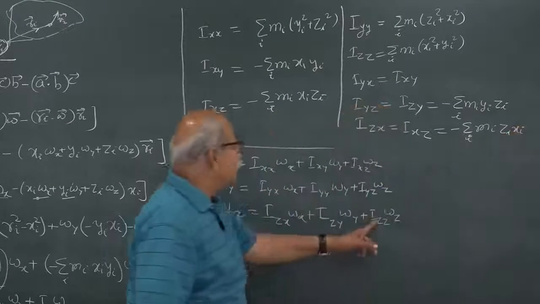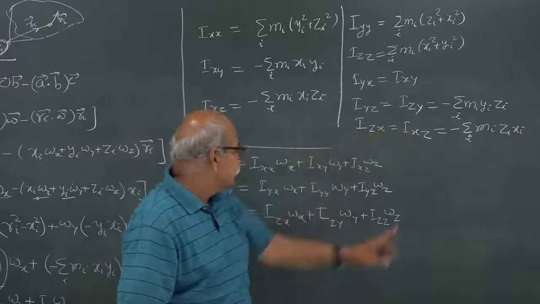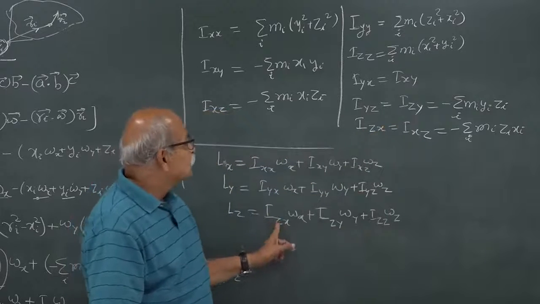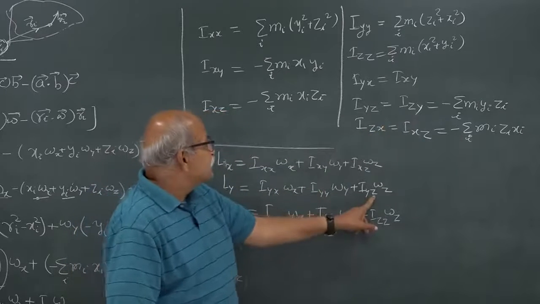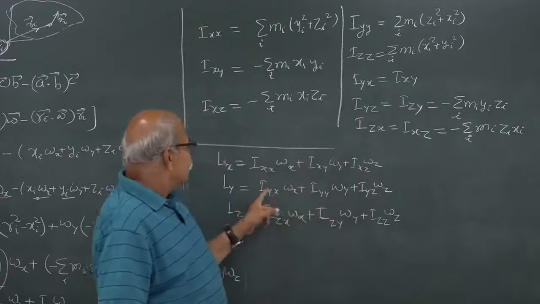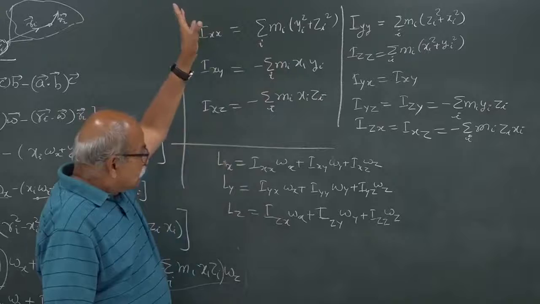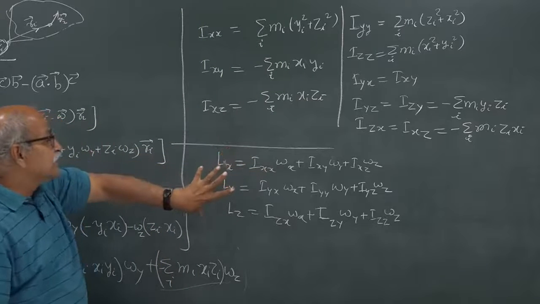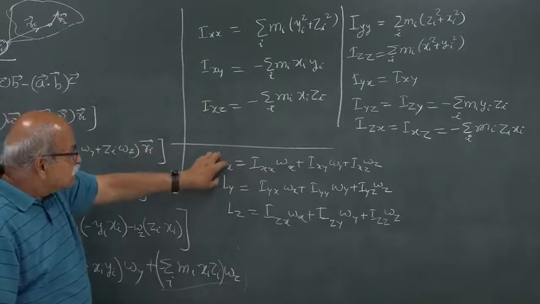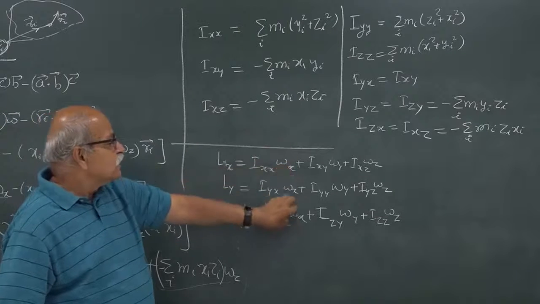So, I have written everything: Izz, Izy, Izx, Iyz, Iyy, Iyx. So, this is the relation between angular momentum components and the omega components.